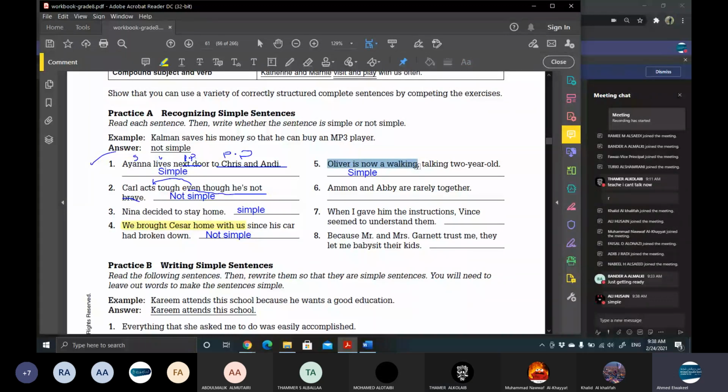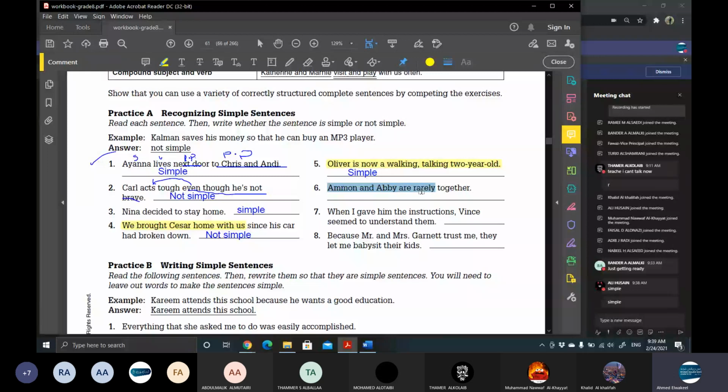And of course, here that's called a gerund or participle, and all of them act like an object. And number 6, Amon and AP are rarely together. Amon and AP, compound subject, are the linking verb. Rarely is called what? An adverb, and together is also an adverb. So it's simple.